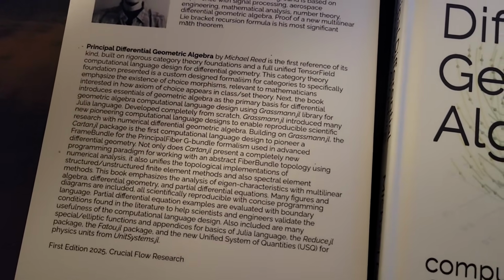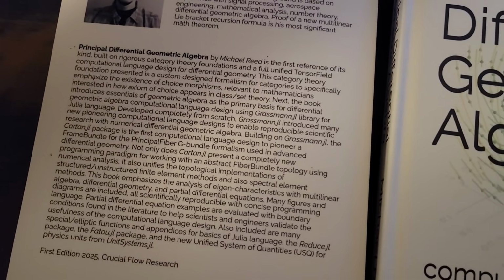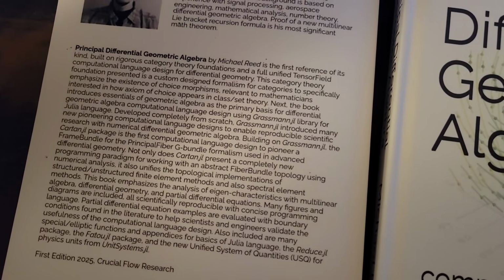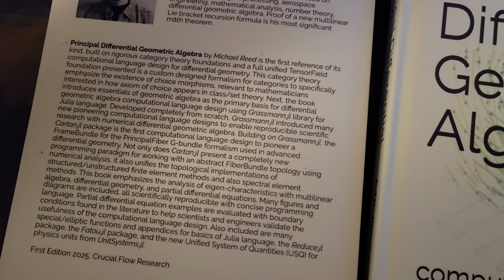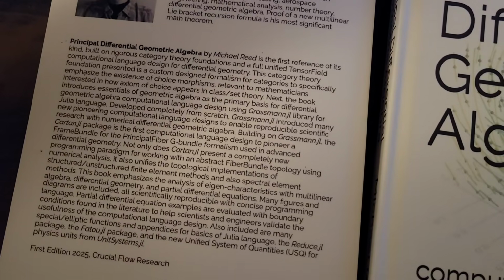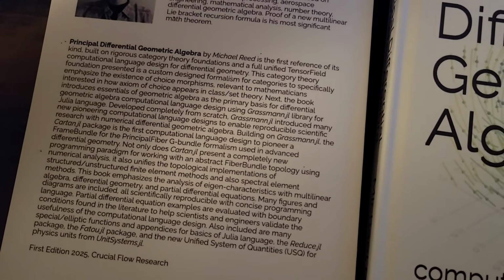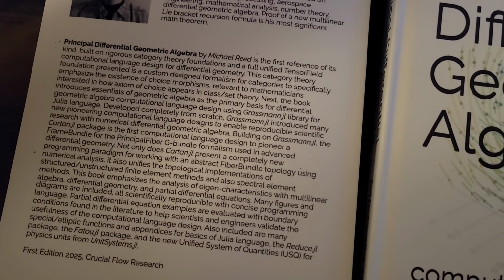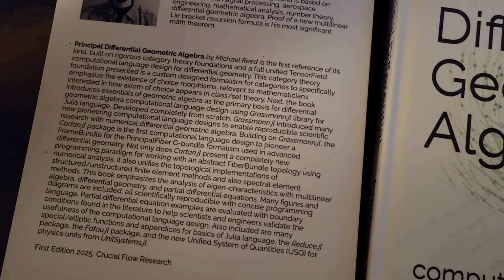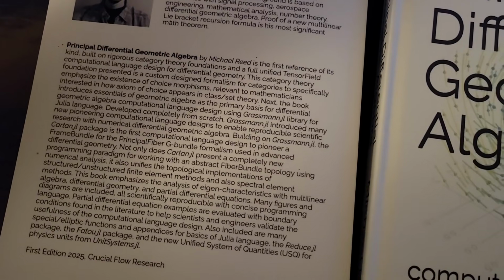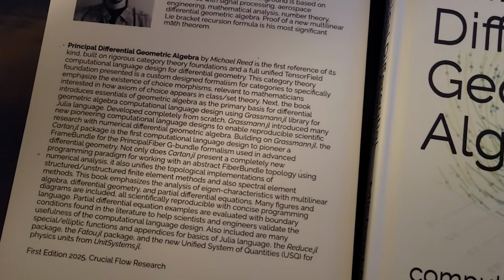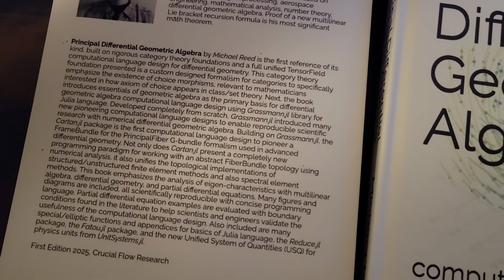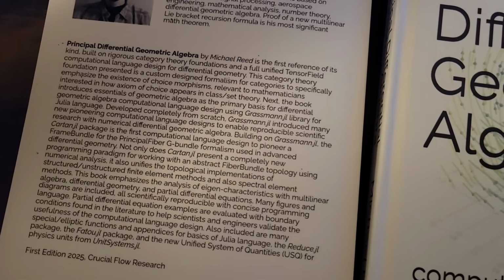This book emphasizes the analysis of eigen-characteristics with multilinear algebra, differential geometry, and partial differential equations. Many figures and diagrams are included, all scientifically reproducible with concise programming language. Partial differential equation examples are evaluated with boundary conditions found in the literature to help scientists and engineers validate the usefulness of the computational language design.